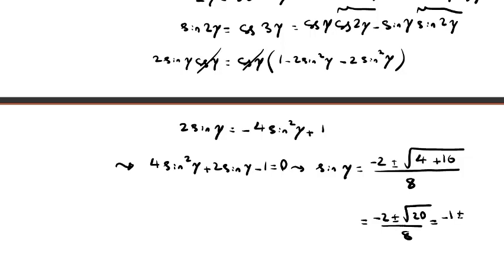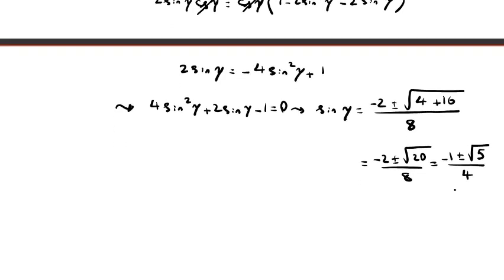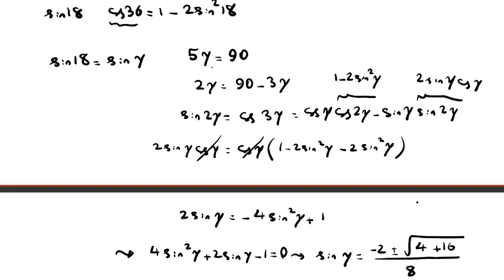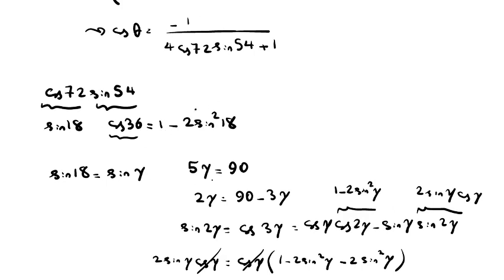So it will be negative 1 plus or minus root 5 over 4. And we know sine gamma, because gamma is between 0 and 90, at 18 degrees, must be positive. So sine 18 is root 5 minus 1 over 4.